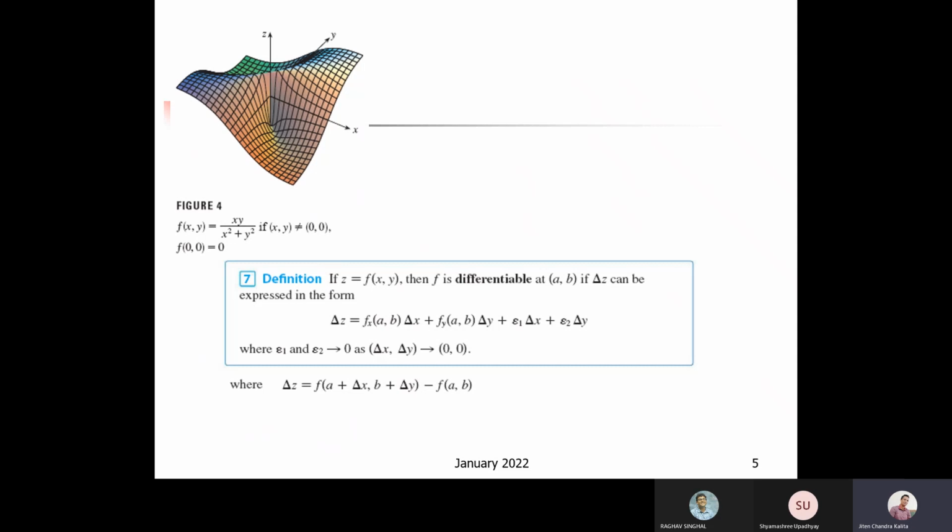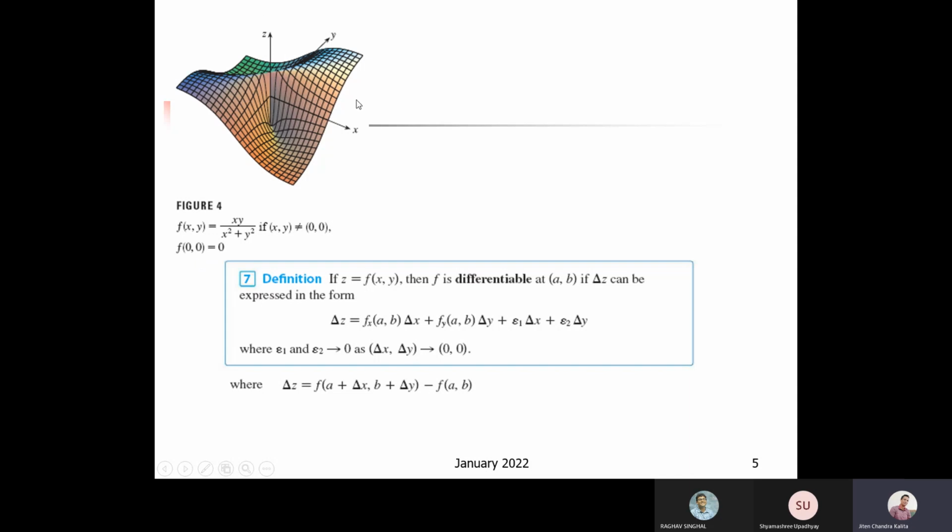Now don't look at the definition of differentiability. I'll come back to that later on. But I would like you to have a look at this function f(x, y) = xy/(x squared plus y squared) if (x, y) is not equal to (0, 0), and it is defined as 0 at the origin.